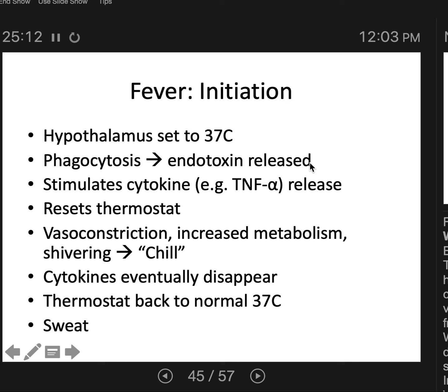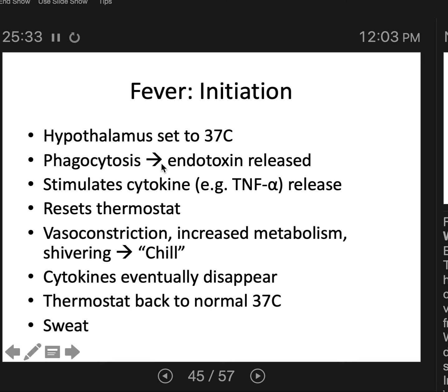But there are actually lots of chemical signals that can start this process. It's not only endotoxin, not only the outer membrane of gram-negative bacteria, that can initiate fever. Viruses can initiate fever, and cytokines; basically anything that causes a certain kind of cytokine release, like TNF-alpha, can initiate fever.